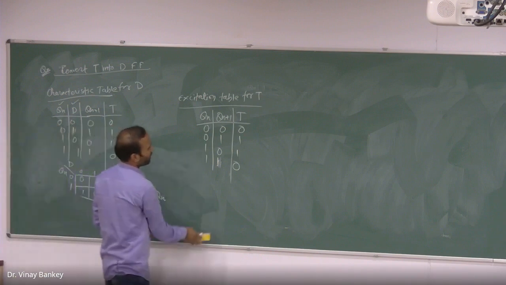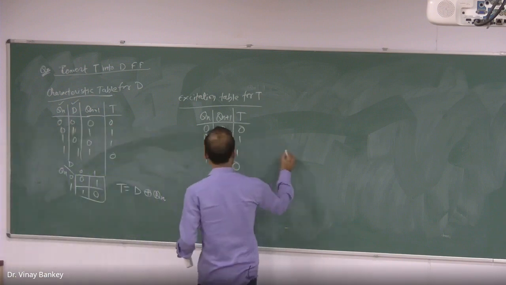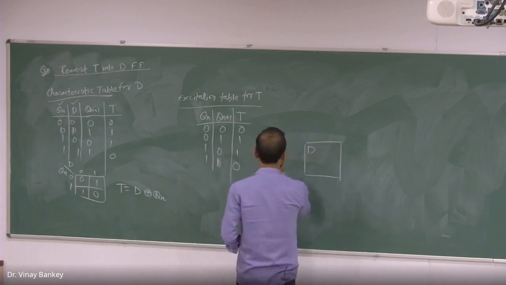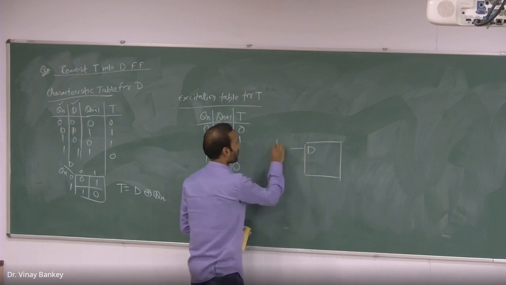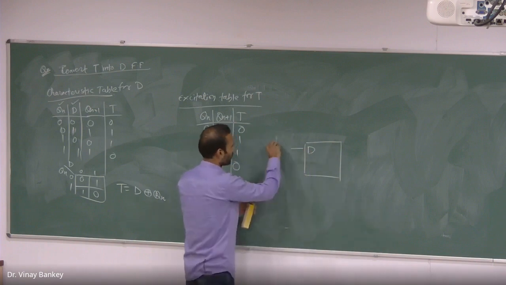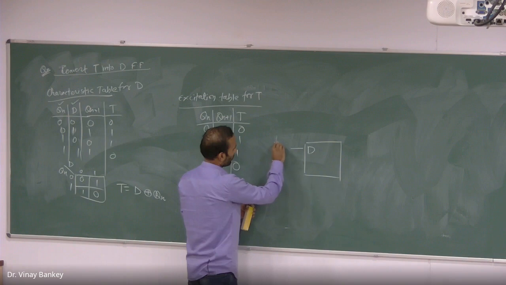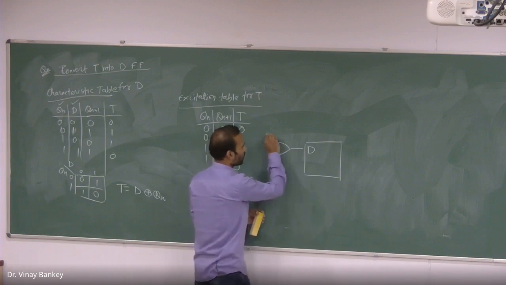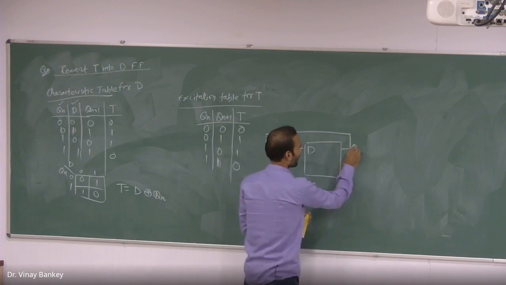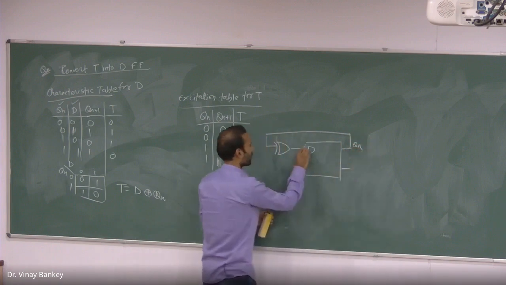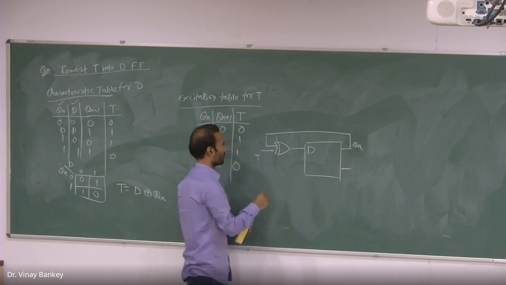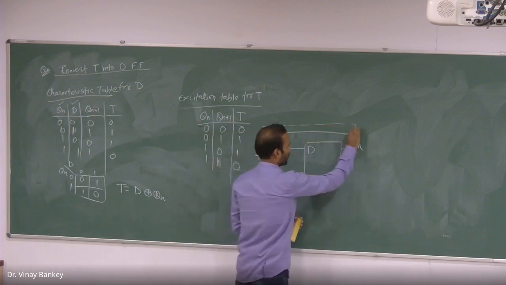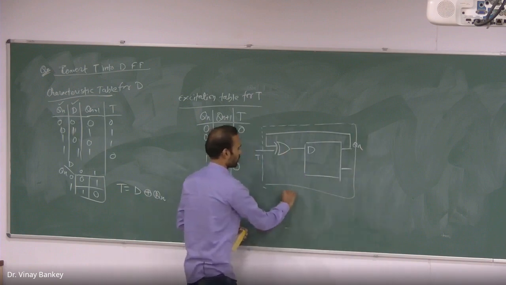Okay, so how will you design this? It is very easy. You need one XOR gate. We have D flip-flop with us. So here we'll connect it. This is my Qn and this will be T. So you can make a big box and this will be your T flip-flop.